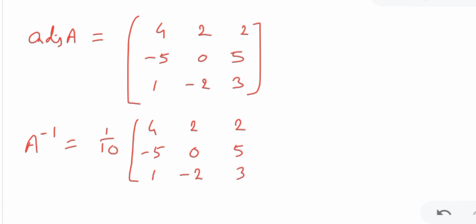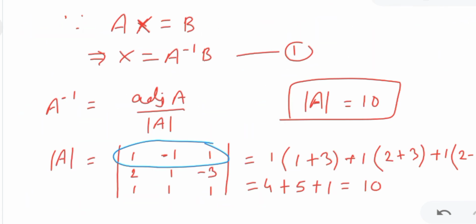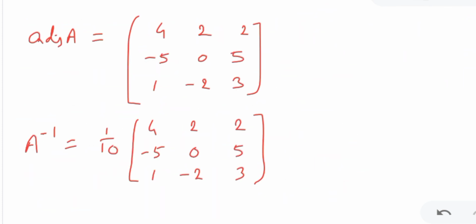Here I will not calculate. I will not do the multiplication with 1 upon 10, because we have to do calculation further. Correct? We have to find the x. So x was nothing but A inverse into B.